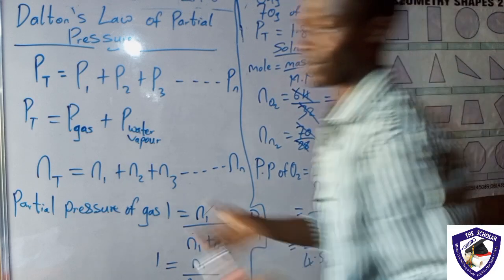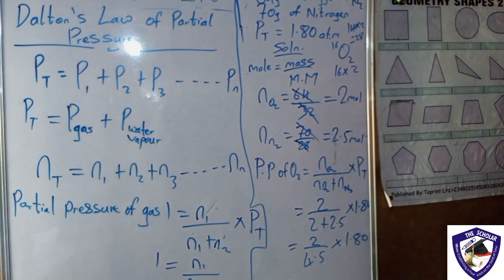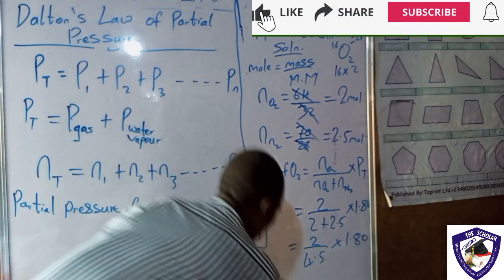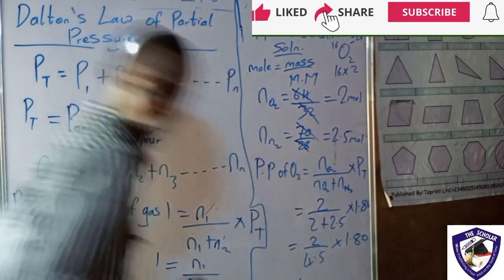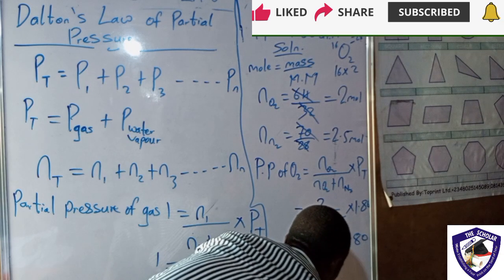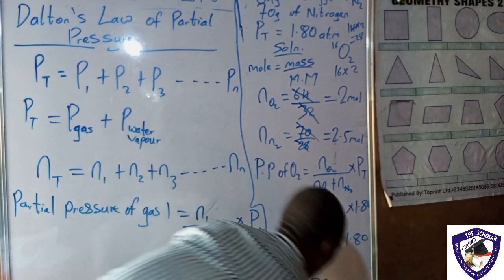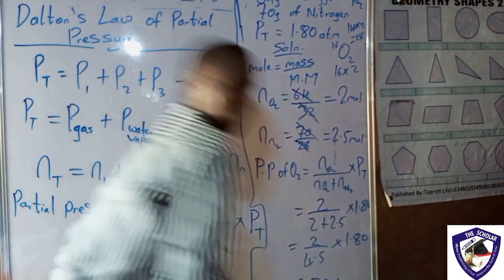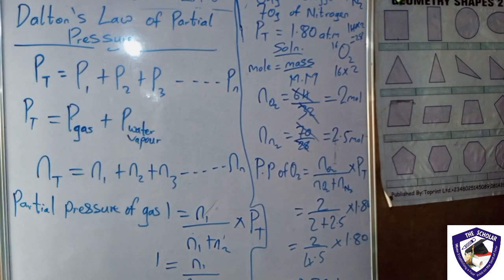Final answer: our partial pressure for oxygen is 0.79 atm. So we are going to be stopping here for today.